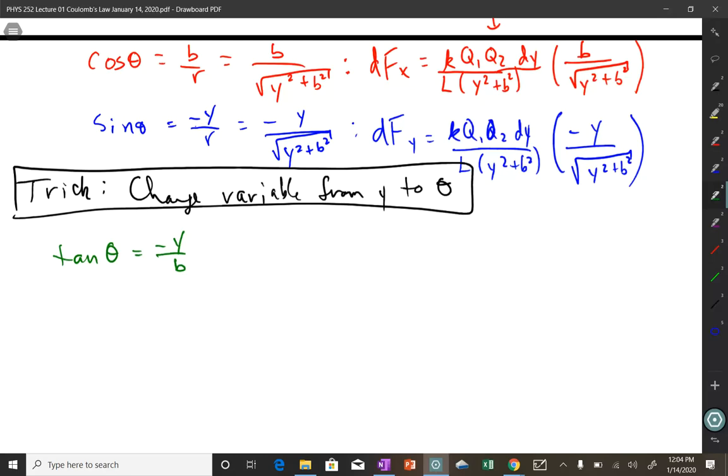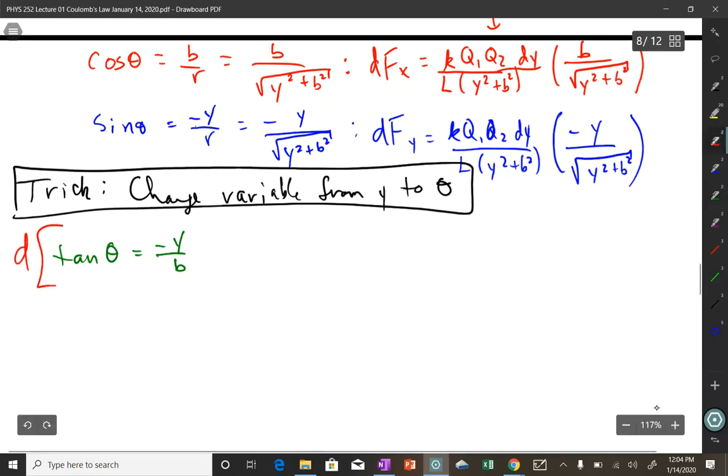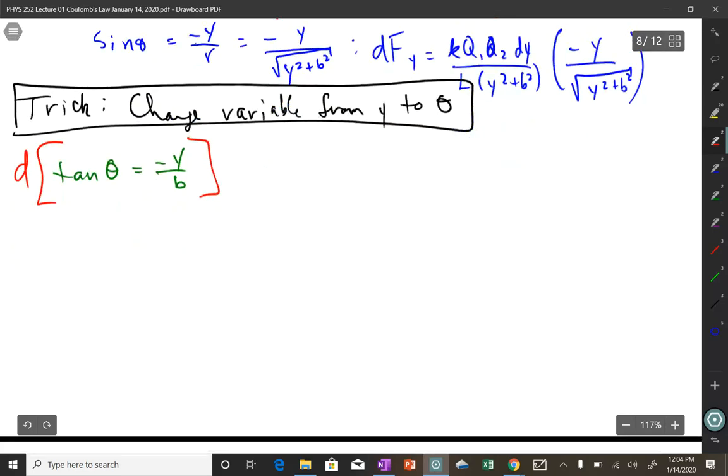So theta is arctangent negative y over b. That's true, but what I'm going to do is take the derivative of both sides. So the derivative of tangent theta. Do you know the derivative of tangent theta? I have my calculus book. There you go. Because I'm the teacher, I had to look it up.